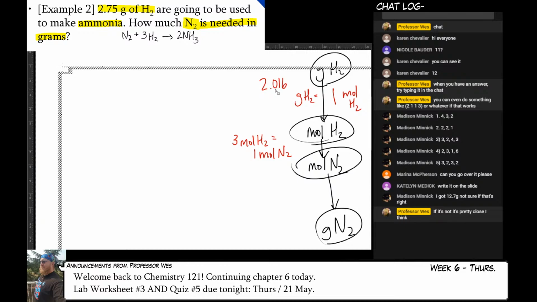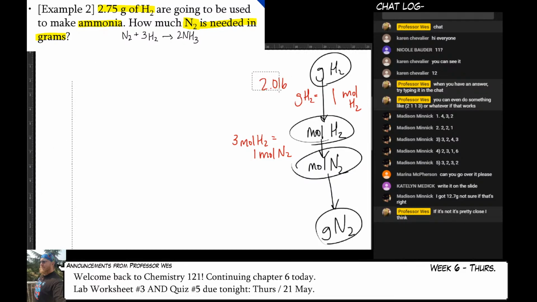That number got a little bit moved there, hold on. All right, and then down here, I have 1 mole of nitrogen. And that's still 28.02 grams of nitrogen. I think it's 2. Whatever, it's close enough.